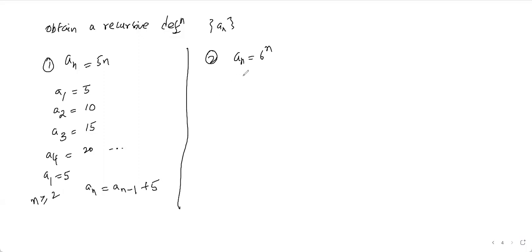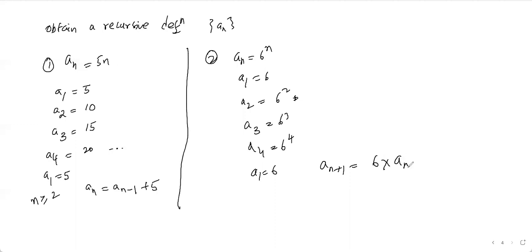For n equal to 1, a1 is 6, for n equal to 2 it is 6 squared, which is 36, for n equal to 3 it is 6 cubed, and for n equal to 4 it is 6 to the power 4. Since a1 is 6, a n plus 1 would be 6 times a n, for n greater than or equal to 1.